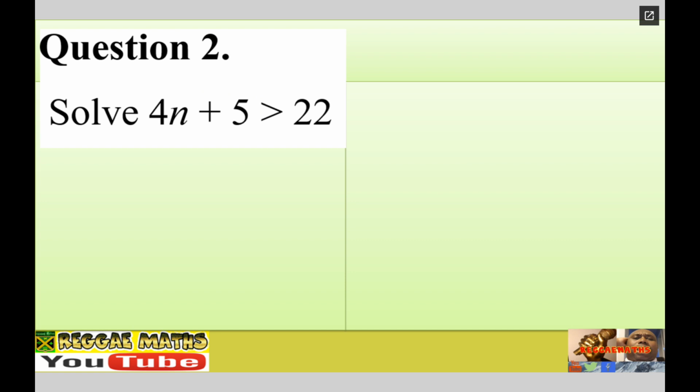Solve the inequality. So treat this like a normal equation. What I'm going to do here is take 5 from both sides, so I'm left with 4n equals 17.